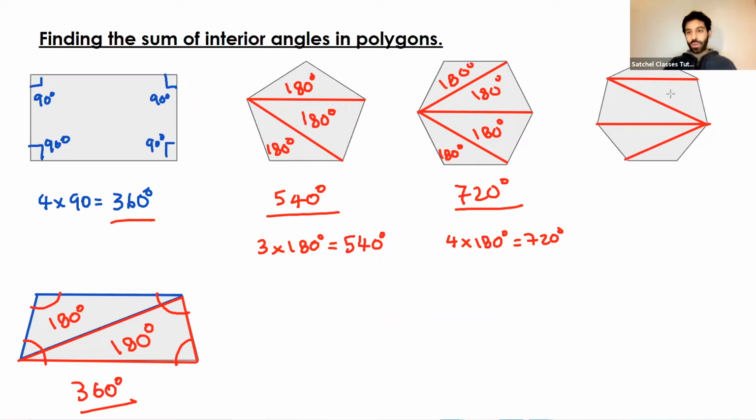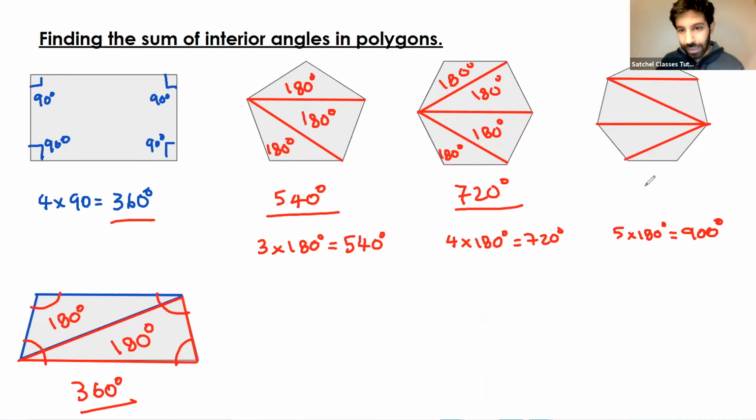So what we have is 1, 2, 3, 4, 5 triangles. Now again, if we do 5 times 180, that's going to give us 900 degrees.